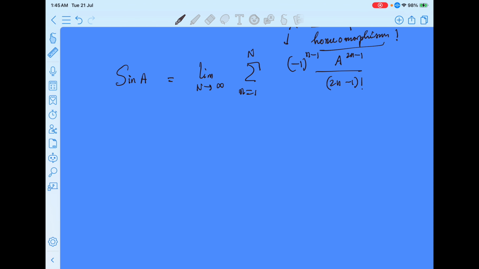Okay, now we have to look at if some limit exists, then the eigenvalues of sin A. What are the eigenvalues of sin A? Okay, so let us just think about it.